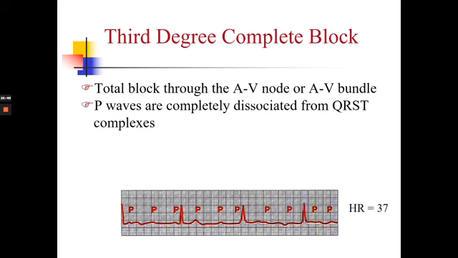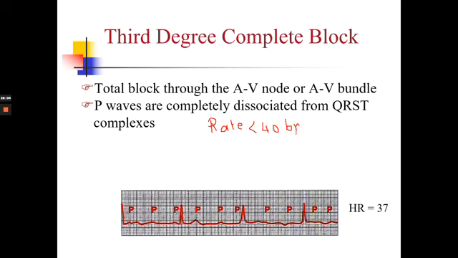P waves are completely dissociated from QRS. You remember here the heart rate will be below 40, because the heart rate is below 40 beats per minute.